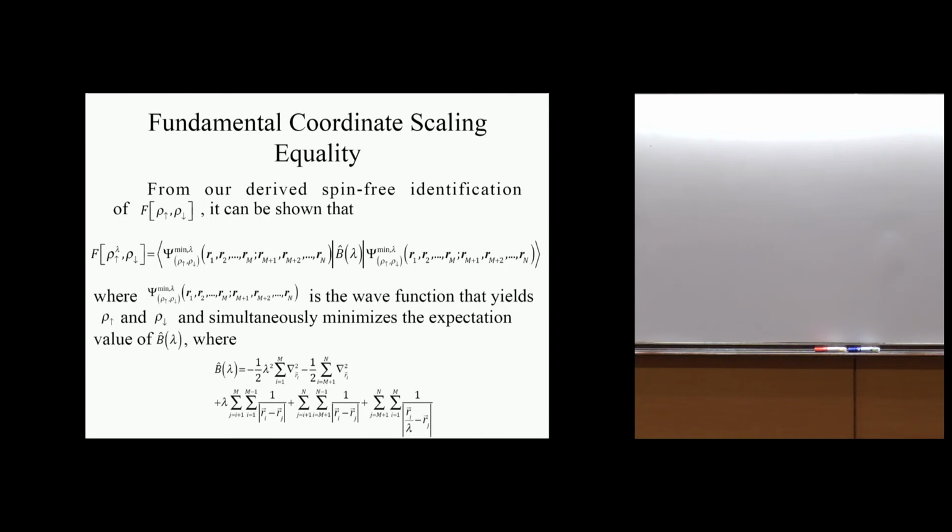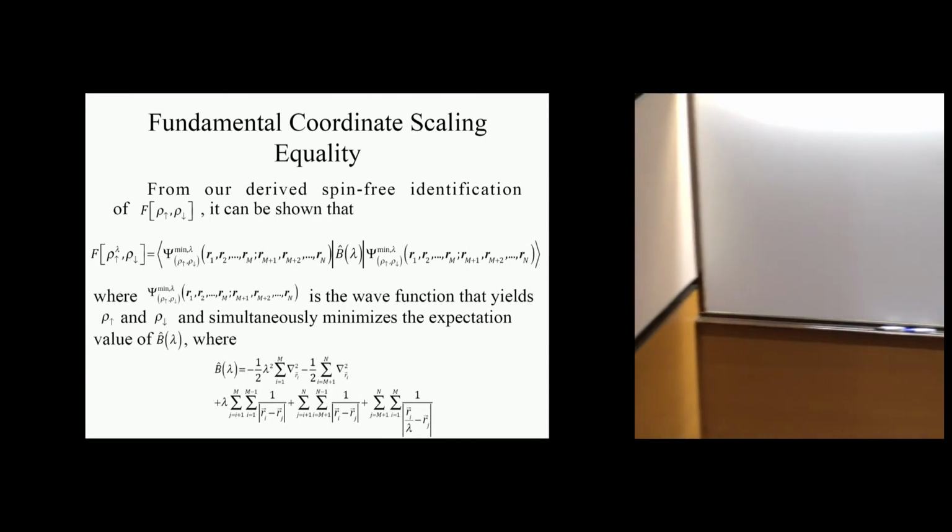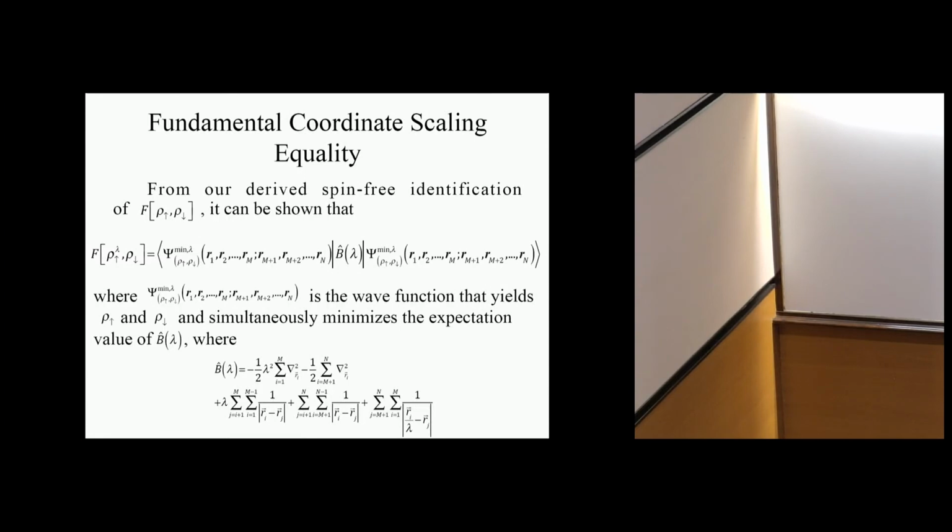So you do have an equality provided that the operator is not your ordinary, you could show it's not the ordinary T plus VE, but you have the lambdas in here. You could show that here, and you have an operator B, and then you go and look at what happens.